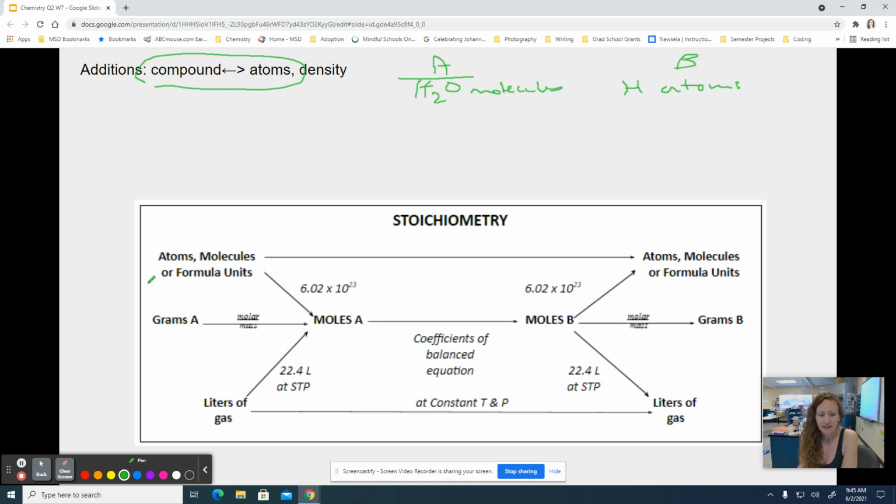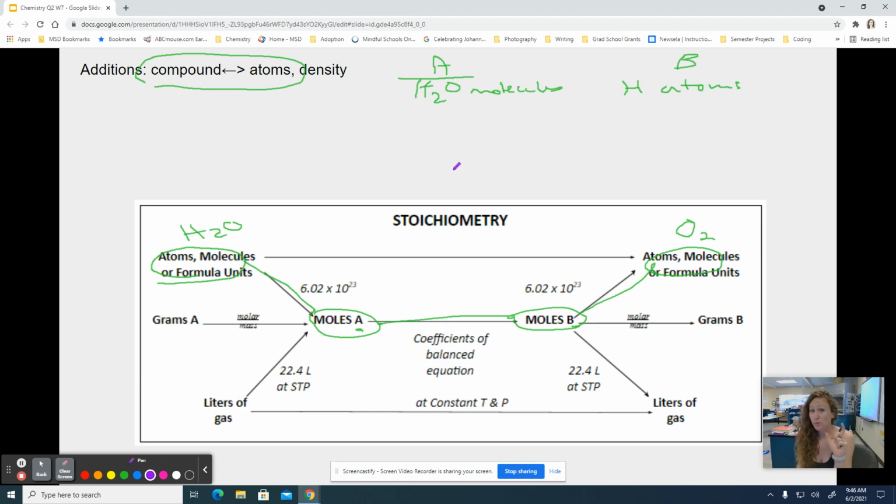If this is water molecules, that's our A, that's this side. And then oxygen, that's our B. It's feasible that we could go from water molecules to moles of water to moles of hydrogen to hydrogen atoms. That's possible, but there is actually a direct conversion from water molecules into hydrogen atoms.